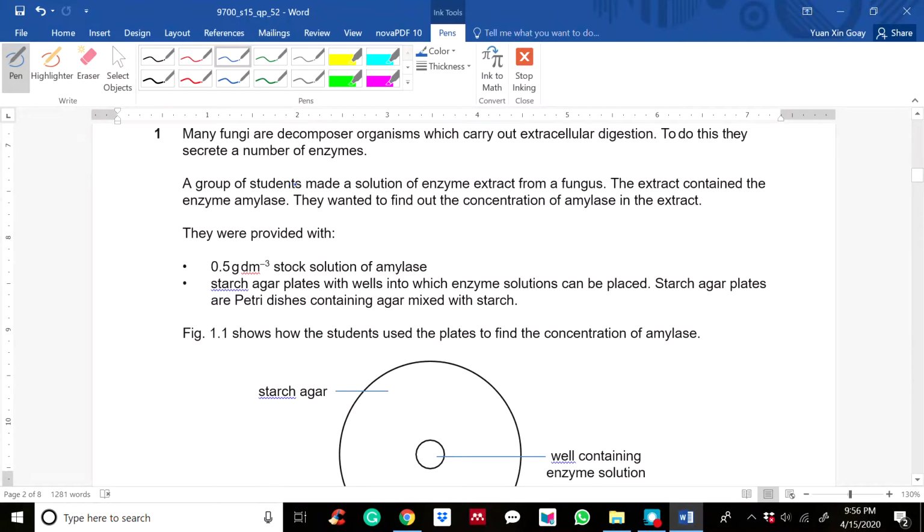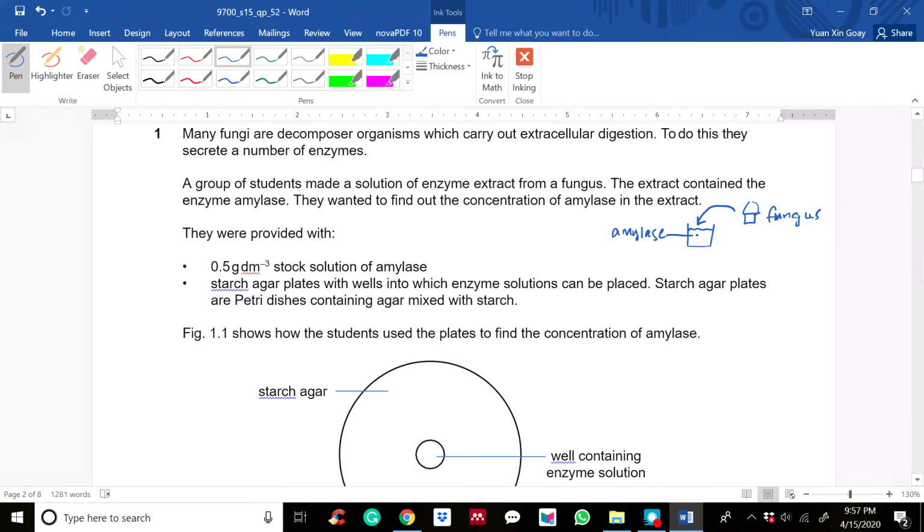A group of students made a solution of enzyme extract from a fungus. So let's say this is the fungus. Students extract enzyme from it. The extract contains the enzyme amylase. They wanted to find out the concentrations of amylase in the extract.